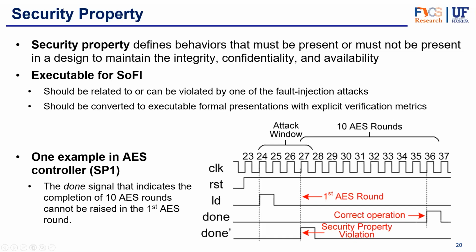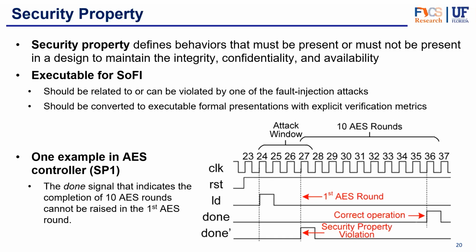However, if we can manage to inject the done signal after the first round of AES, at that round we just read the key and the plaintext, so we can infer a lot of information from the key and the plaintext itself. And that's one of the security properties of the design that definitely should be protected.